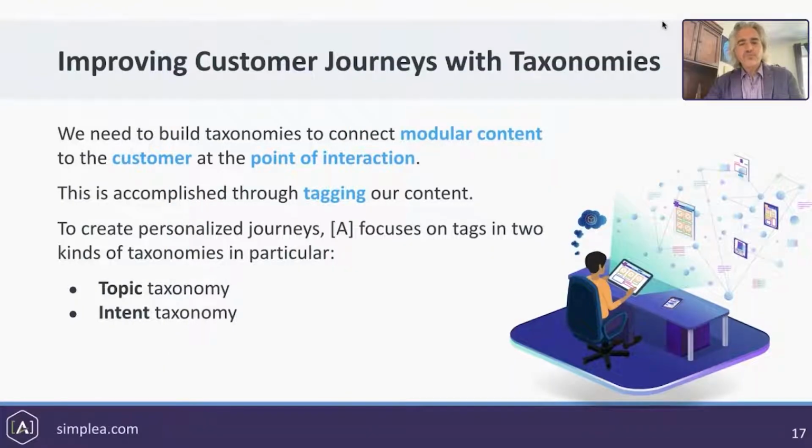So there's two different kinds of taxonomies that we look at for improving customer journeys with taxonomies. And this gets to the heart of what is in that core semantic model that we help our clients to build. Well, first and foremost, it's looking at the journey as a way to accomplish business objectives, that accomplish customer objectives, that accomplish some of the individual journey objectives.